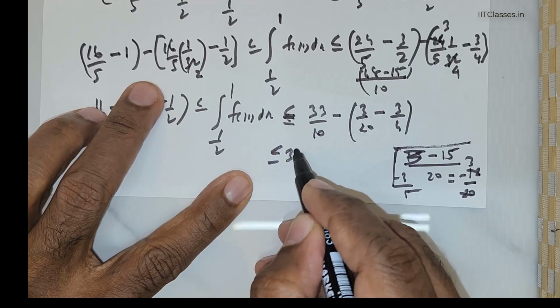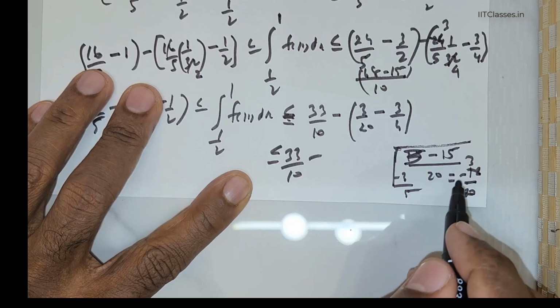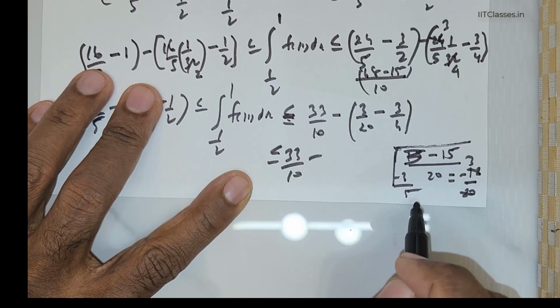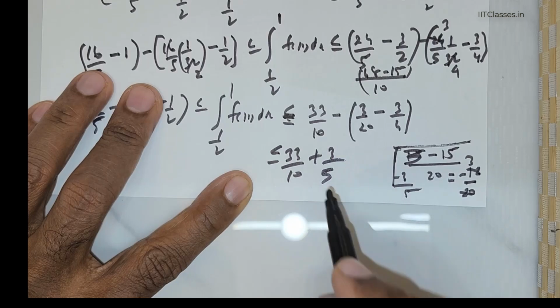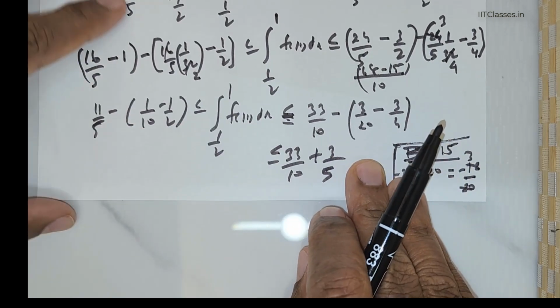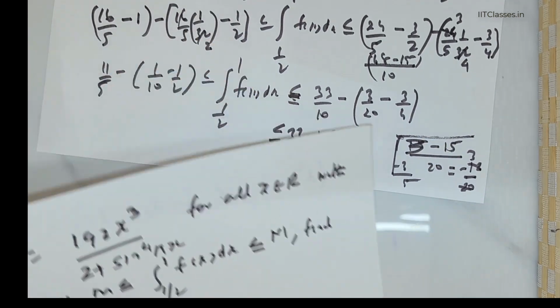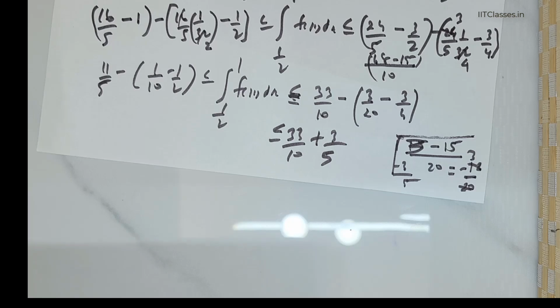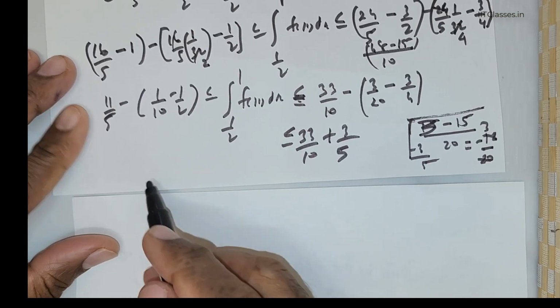Okay, so this is less than or equal to 33 over 10 negative, you have a negative 3 over 5 already coming in, but there is a positive sign, so it's going to be 3 over 5 with a positive sign. Okay, so we will have to go to the next slide and see what's going on.